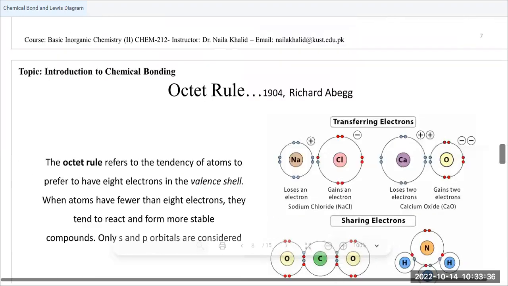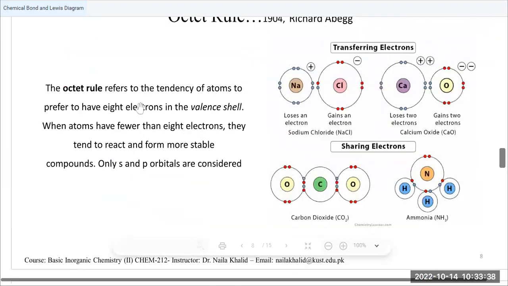What is the octet rule? It is the tendency of atoms to prefer to have 8 electrons in their outermost shell. In this case, sodium has 1 electron in its outermost shell. If it is transferred from sodium to chlorine, then its previous shell will already have 8 electrons, and it means that it has completed its valence shell. The octet rule is followed.